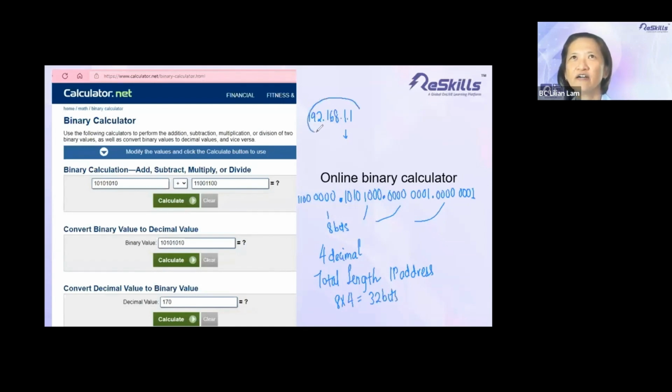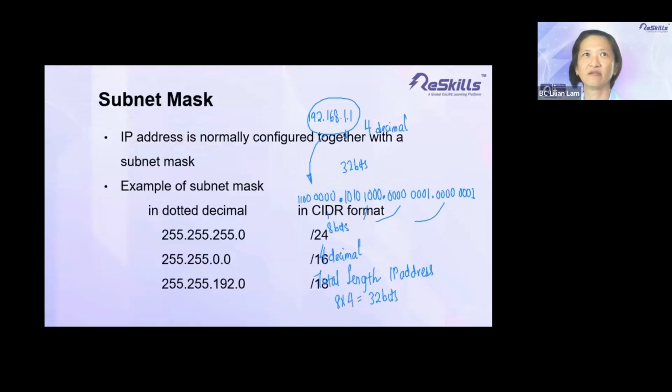So our four dotted decimal numbers are now converted into a 32-bit IP address in binary. Okay, so that would be IP addresses.